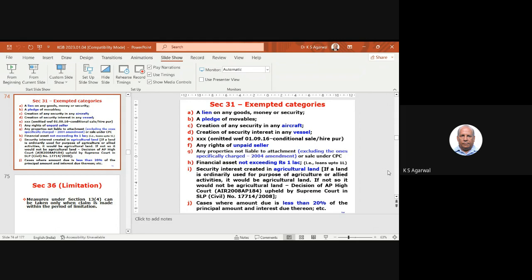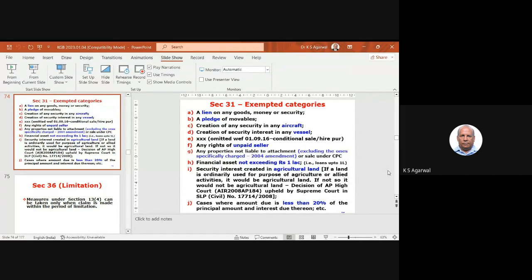But it should be used ordinarily for the purpose of agriculture or allied activities. If in revenue record it is agricultural, but some manufacturing activities are being undertaken there, then such agricultural land can be enforced. So it should be agricultural land and it should be used for agricultural purpose only. Only then it is exempted.